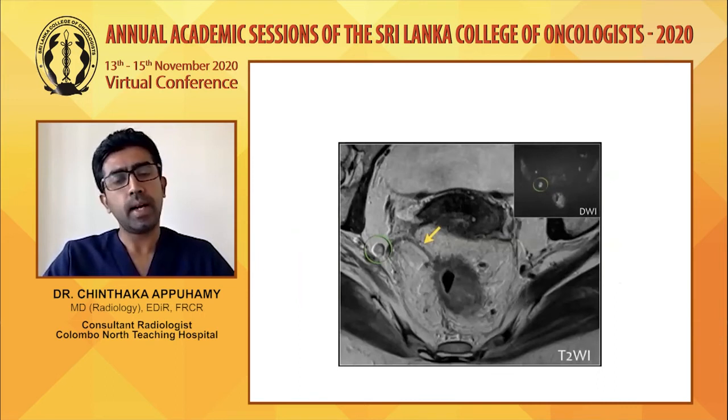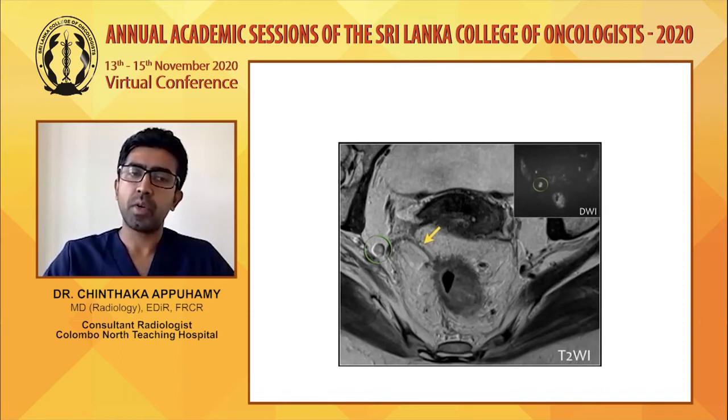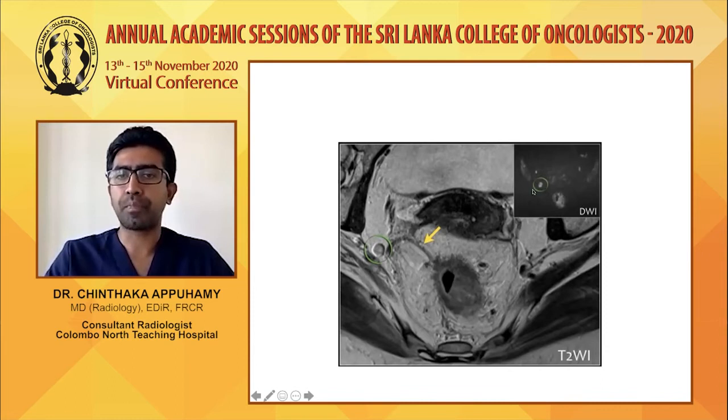This is another example, a T2-weighted axial image showing a rounded, enlarged lymph node in the right lateral wall. Again, this small inset window shows a DWI image where there is restricted diffusion.